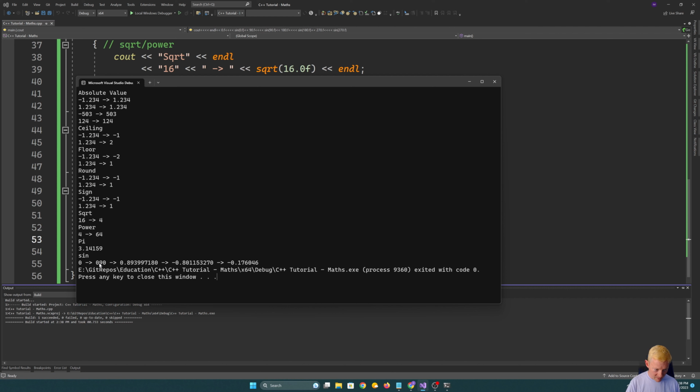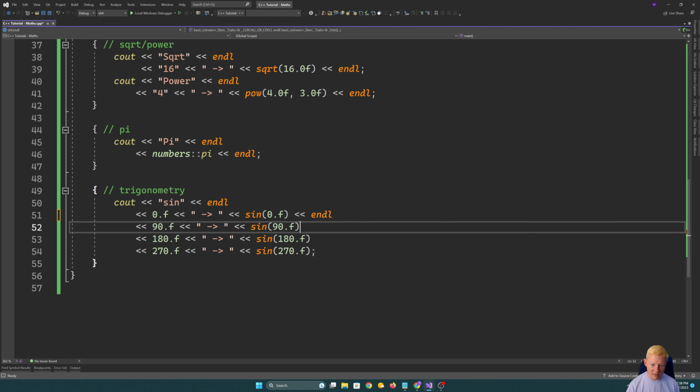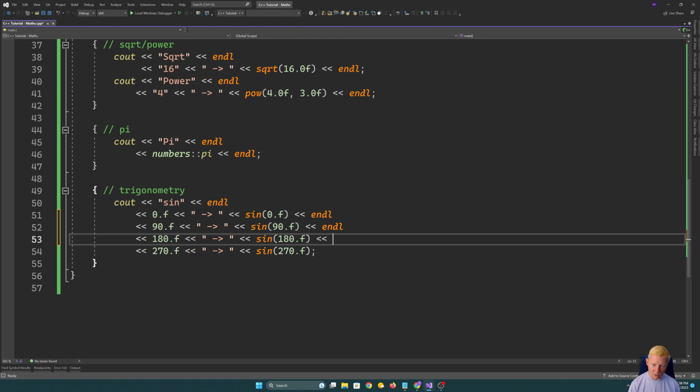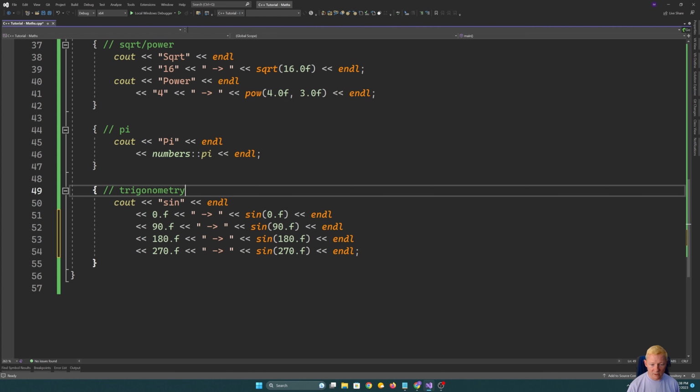So we can see we need to put in some more endls, but it's definitely not working in degrees, which is what I expected was going to be the case. So that means we need to convert these from degrees to radians.